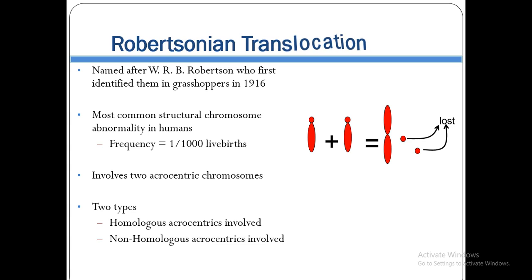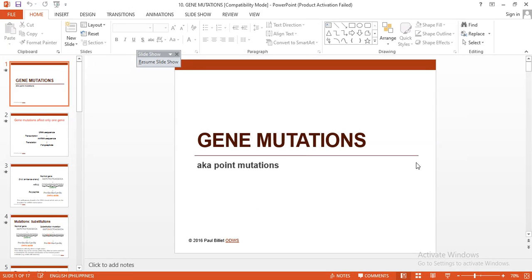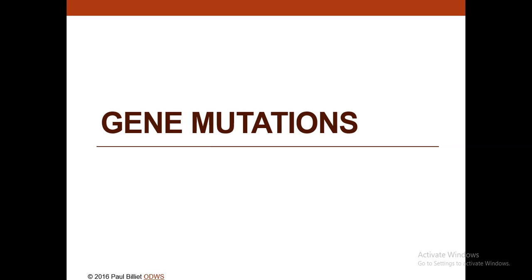So we will proceed with our genetic mutations, also known as point mutations. This time, the mutations we are looking at are on the genetic level, or the DNA sequence level.